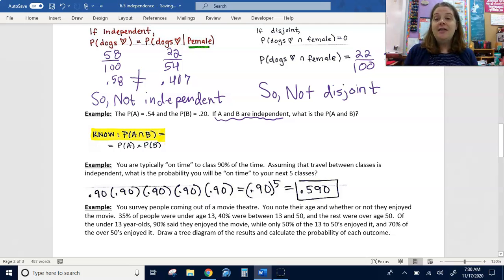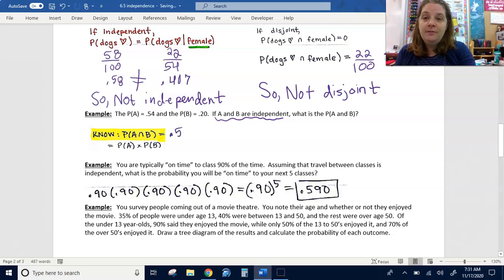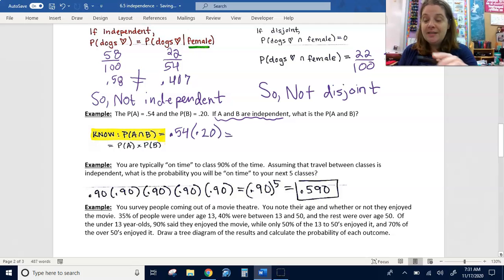If they are independent, what we know is that the probability of A times the probability of B should multiply together to give me that intersection. So I should be able to do 0.54 times 0.20. I can only do this if they are independent. If it doesn't say that they're independent, I would have to say I can't find this number because I don't know what the conditional probability would be. And that gives me 0.108.